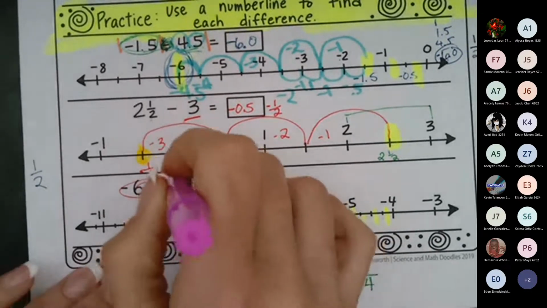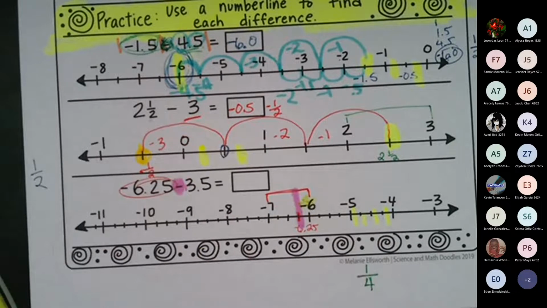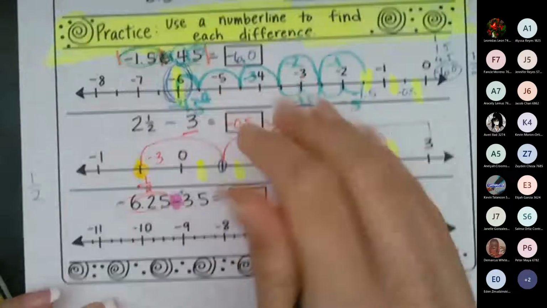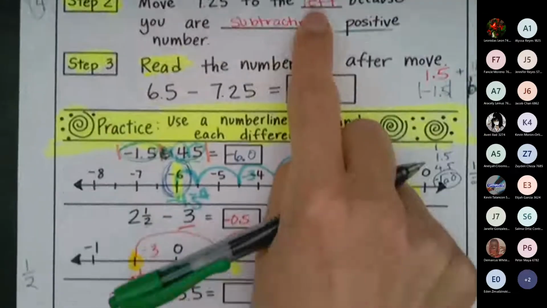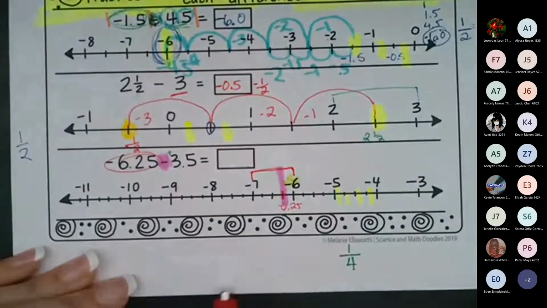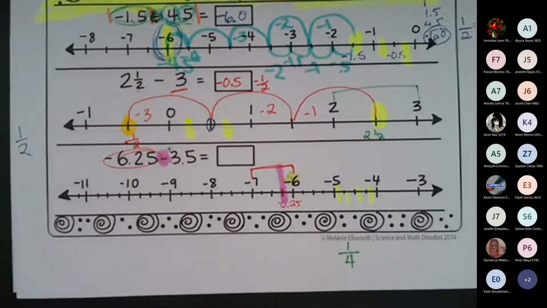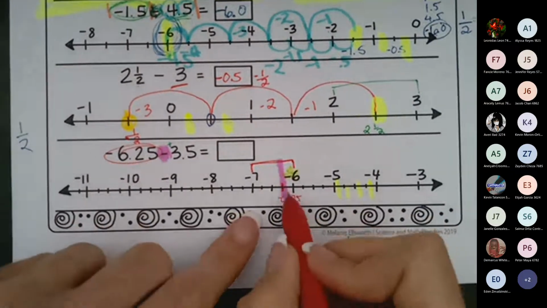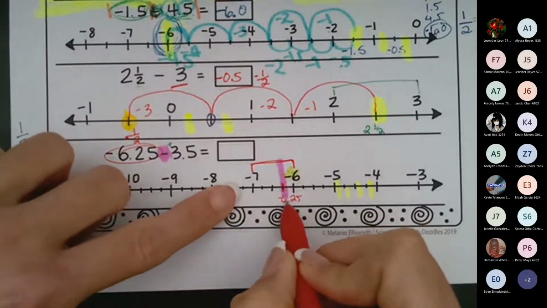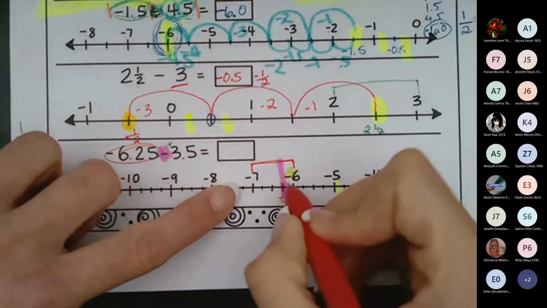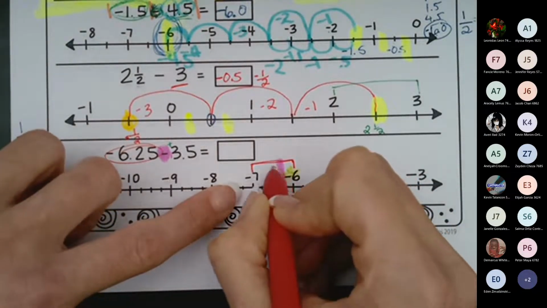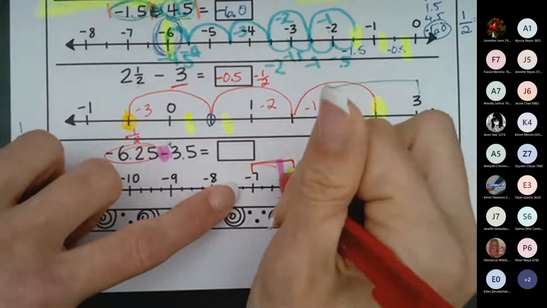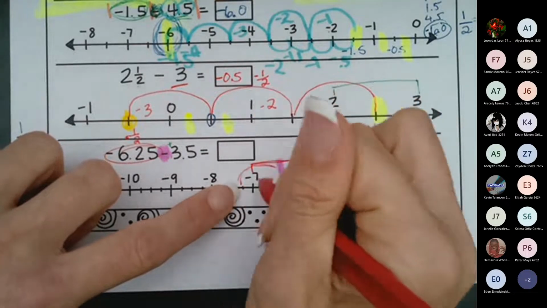I am subtracting a positive number, right? So I will be moving to the left 3.5 spaces. So for my first subtraction, I'm going to go over 1. Since I started here at the 0.25 line, I'm going to go over to the next 0.25 line to subtract the whole number.